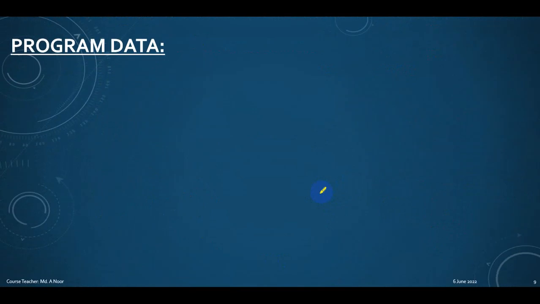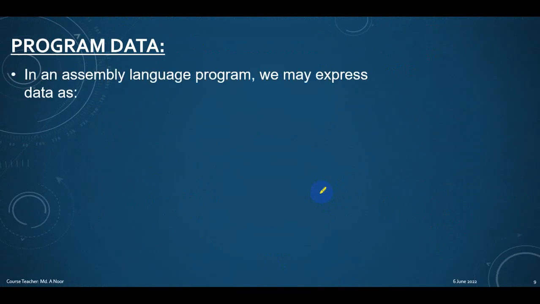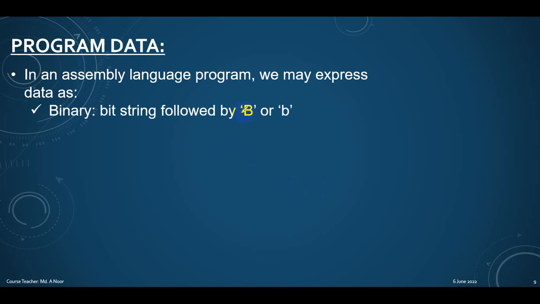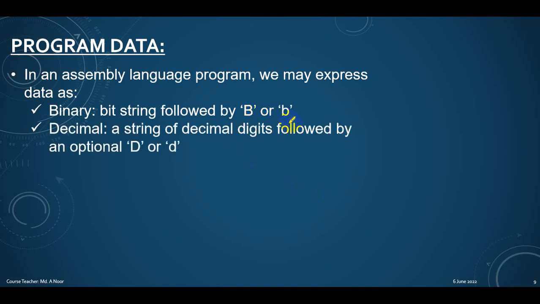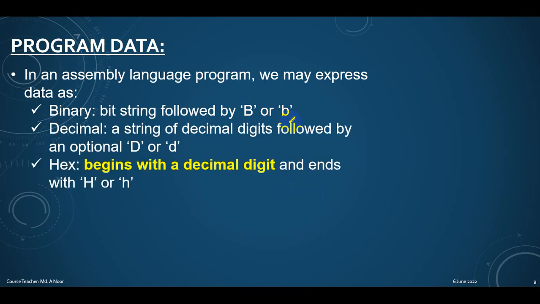Now, program data. In an assembly language program, we may express data as binary: a bit string followed by a capital B or a small b. Decimal: a string of decimal digits followed by an optional capital D or small d.